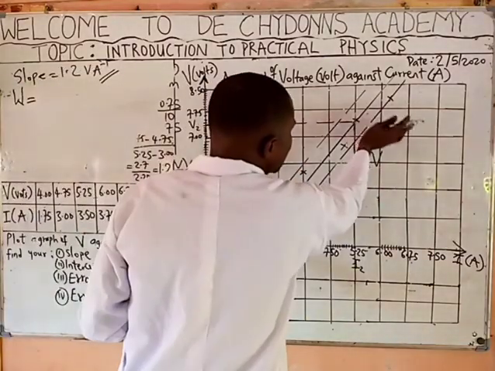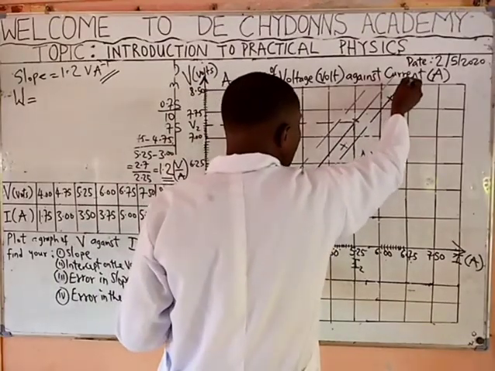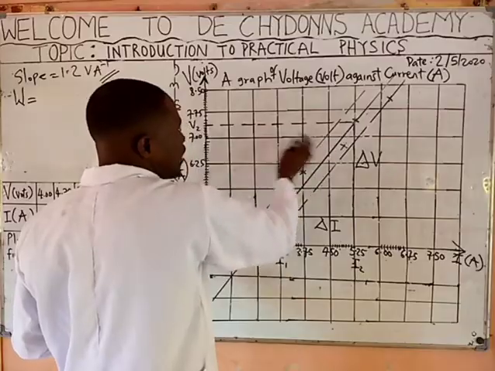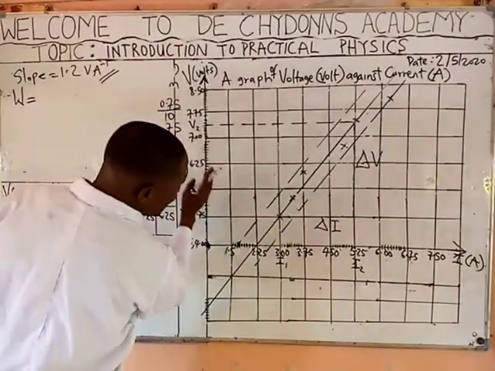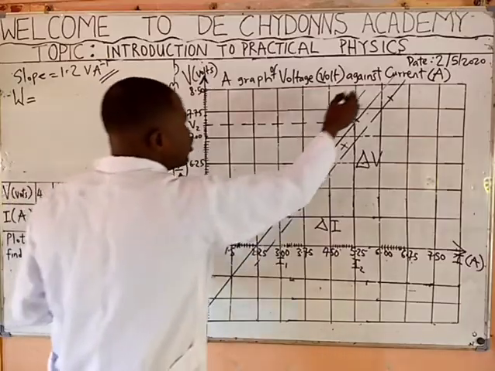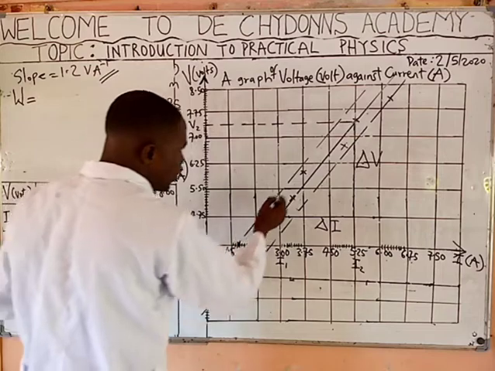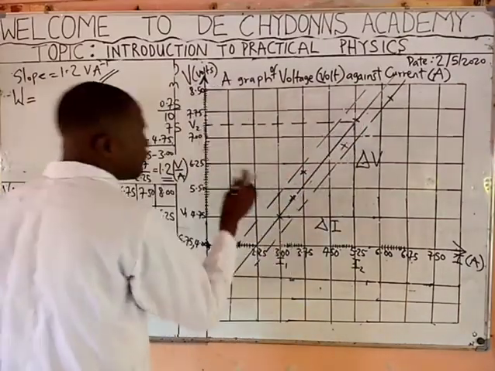The highest point that deviated from our line of best fit, use a straight ruler and connect it down parallel to the line of best fit. Then, the highest point that deviated from this side, from the line of best fit, use a straight ruler and connect it. That is this point. Connect it with a straight ruler so that it will be parallel to this line of best fit.